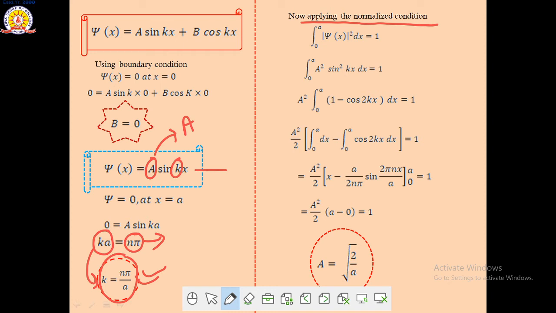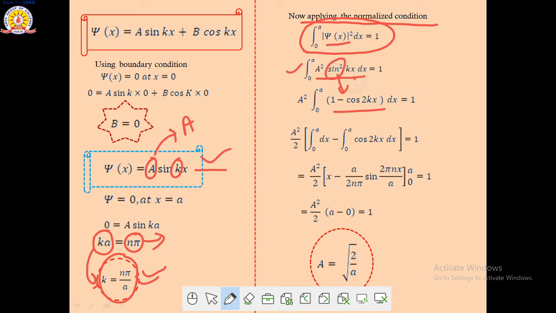According to the normalization condition, we have the formula: integral from 0 to a of magnitude of psi of x squared dx is equal to 1. And here psi of x is equal to this one, so we have A squared sine squared kx dx. And the sine squared you can write as (1 minus cos 2kx) upon 2, because there is no direct integration of the sine squared function.